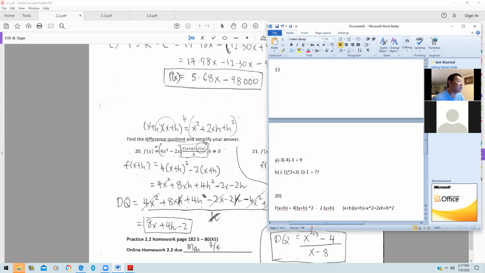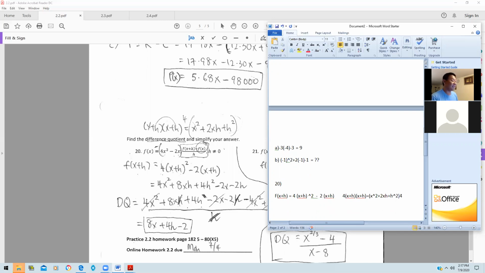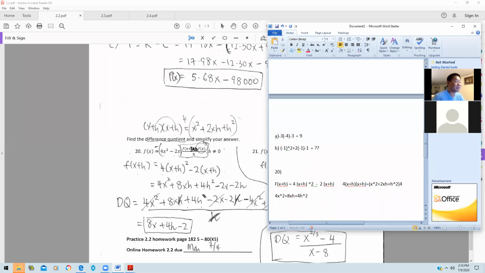And then if you notice, you have a 4 in front. So that means you have to multiply this whole thing by 4. So you have to distribute your 4. So actually this f(x+h) gives you 4x squared plus 8xh plus 4h squared. This is just doing f(x+h). It's a lot of work.